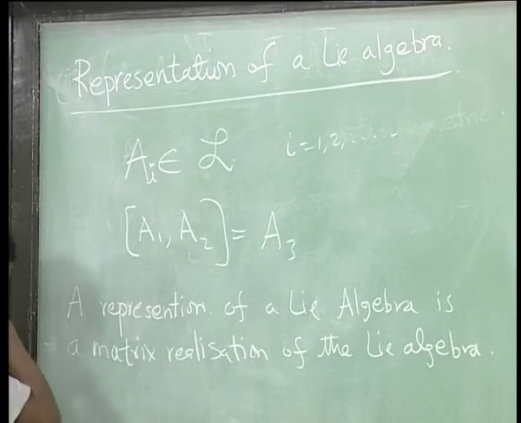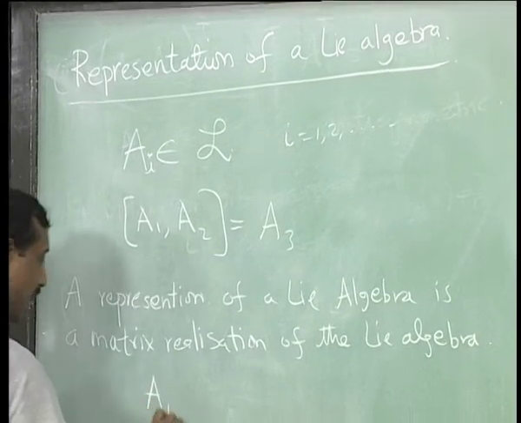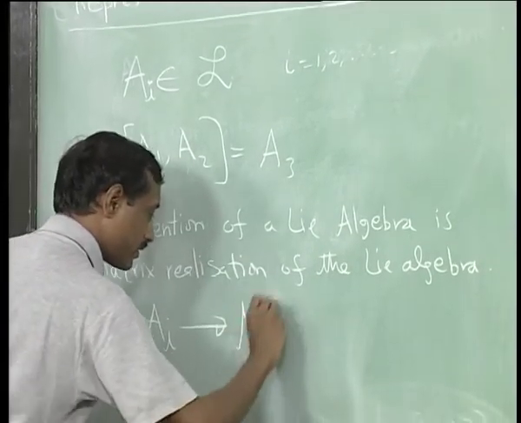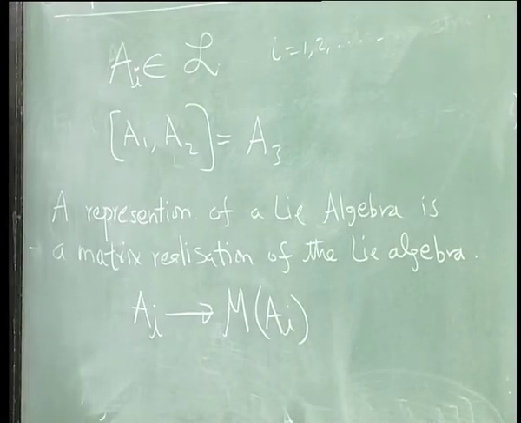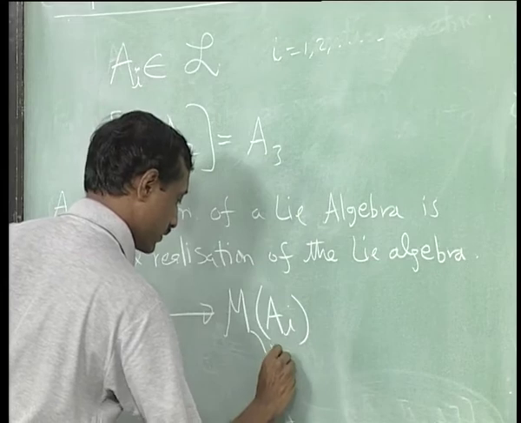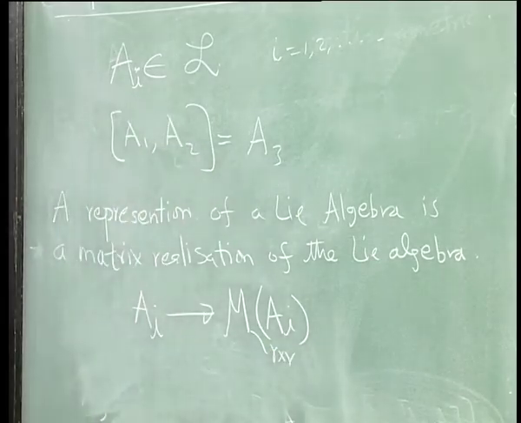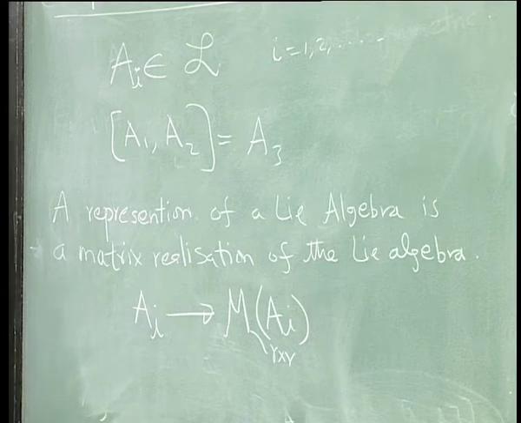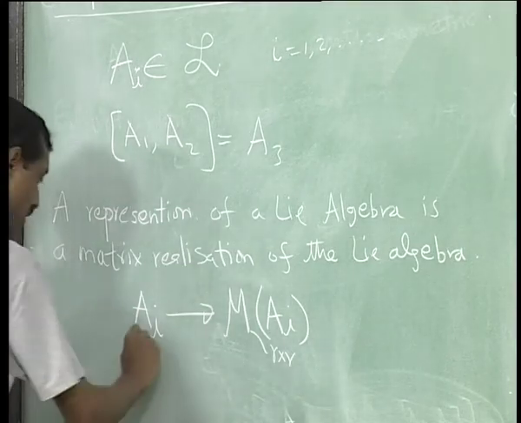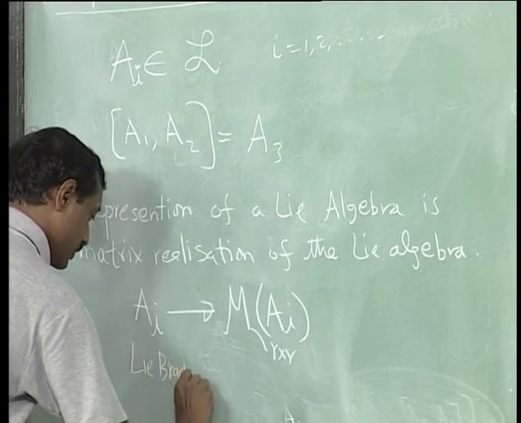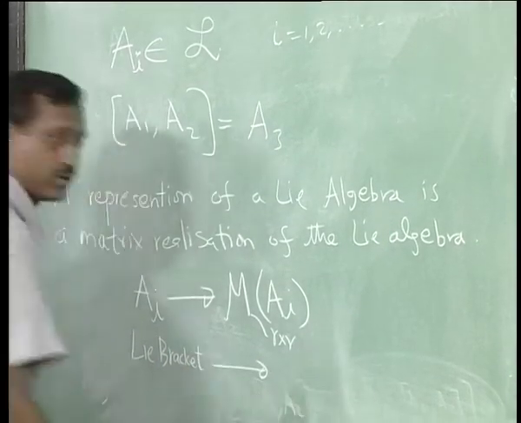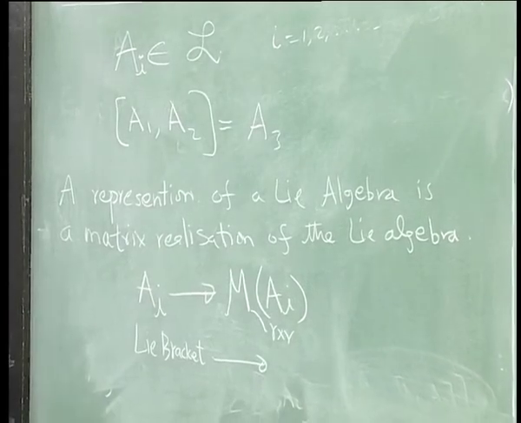In other words, if you give me the abstract element, I will give you some matrix, and let us say this is some R by R matrix, such that the Lie bracket gets mapped to what? What should the Lie bracket get mapped to?